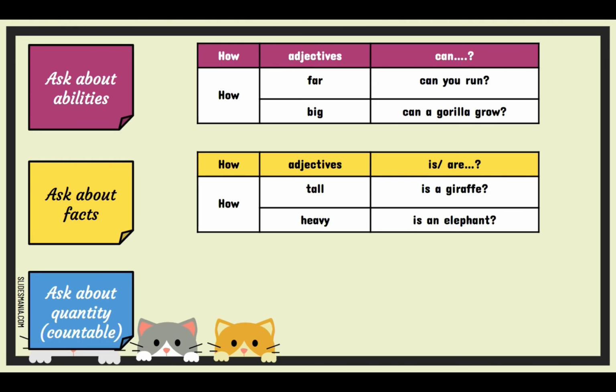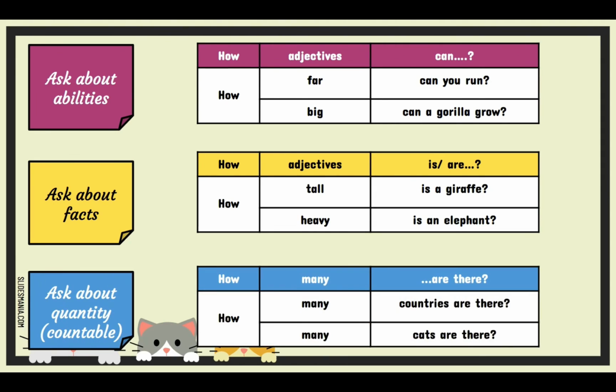The next one is to ask about quantity, which is countable. So it is how plus many plus are there. For example, how many countries are there? Number two, how many cats are there?